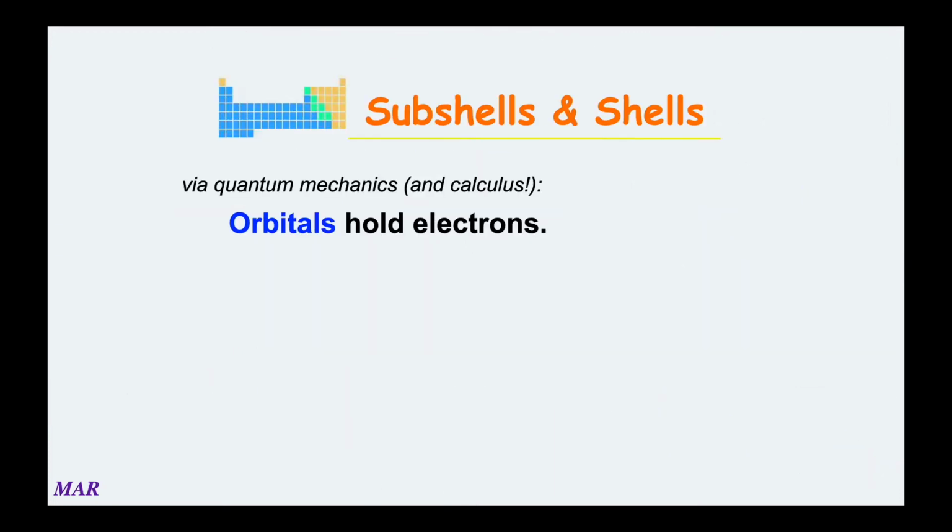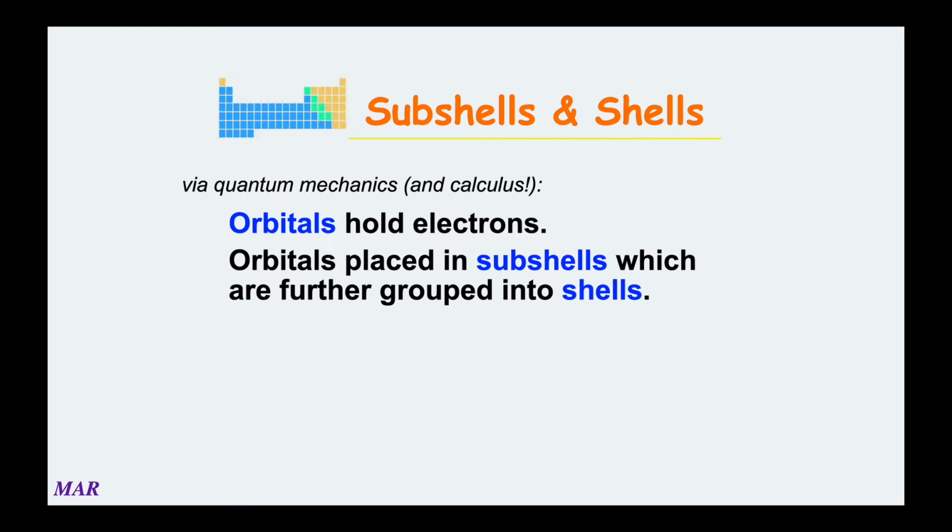When you take quantum mechanics and you do the calculus, you end up seeing that orbitals, those little side things, actually are where the electrons hang out. All right. And orbitals, we're going to see, there's usually a lot of them. Orbitals are placed into subshells, and the subshells are further placed into shells. So orbitals are like, if you will, the room in a house.